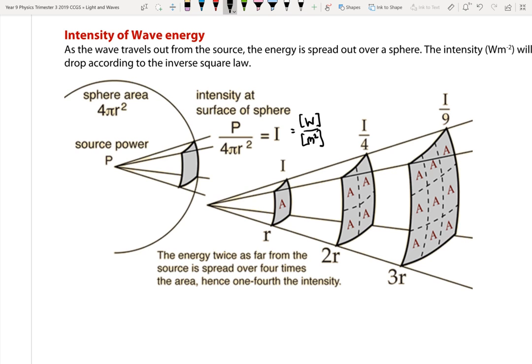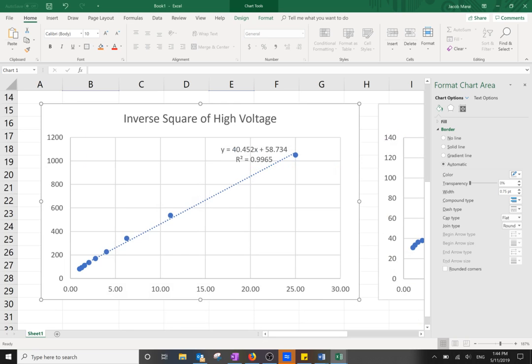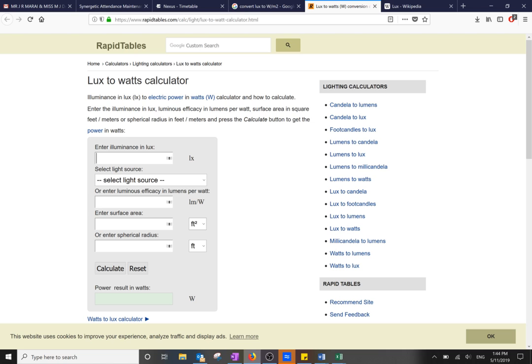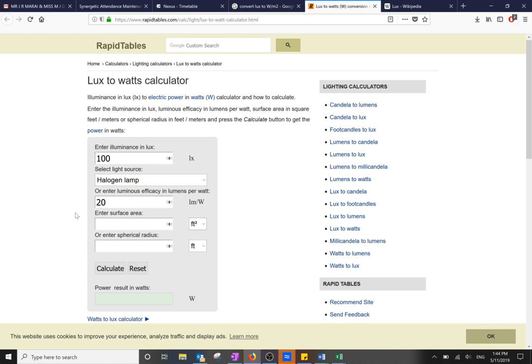Now, I just had a quick look. The lux is just an arbitrary unit, but you can get an effective conversion. So if I had 100 lux, and it's a halogen lamp, then it's 20 lumens per watt.